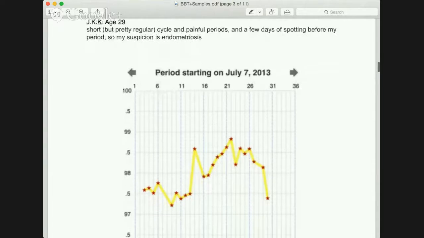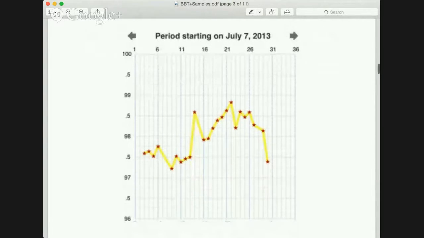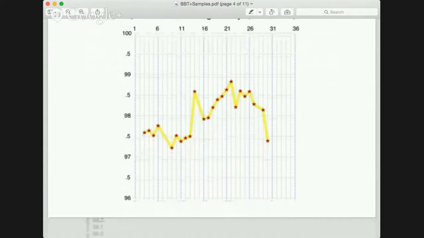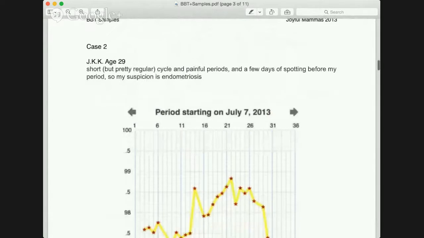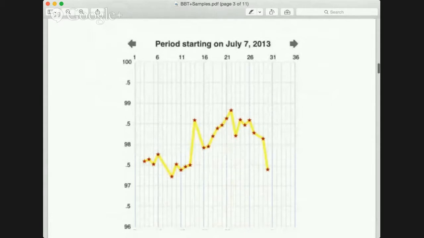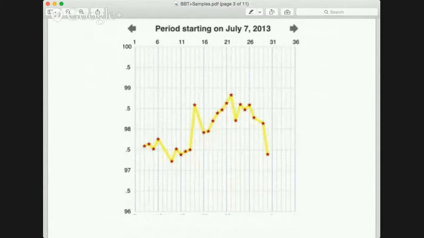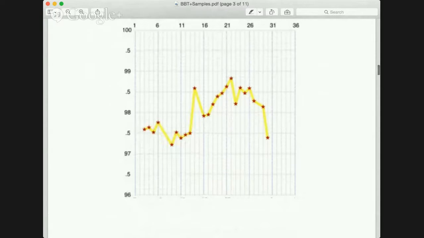She did her, I don't know what program she used for this little graph, but you can see the beginning of her cycle is looking pretty nice, around 97.5, not too much variation. Did seem like she had a little bit of a weird peak right before her mid-cycle.